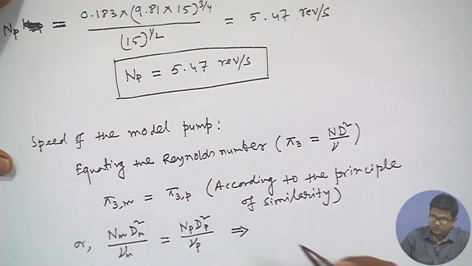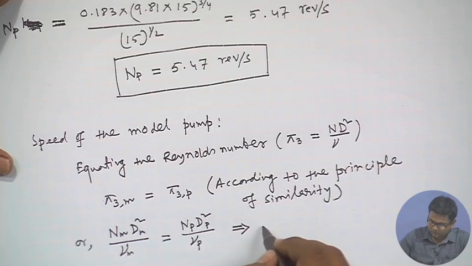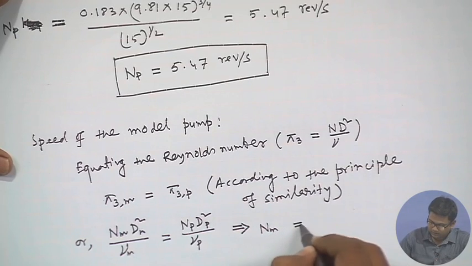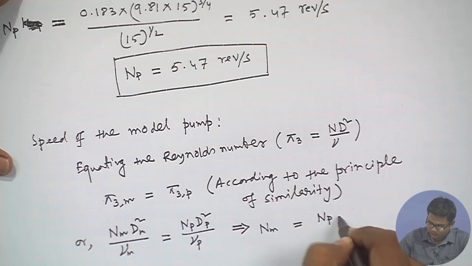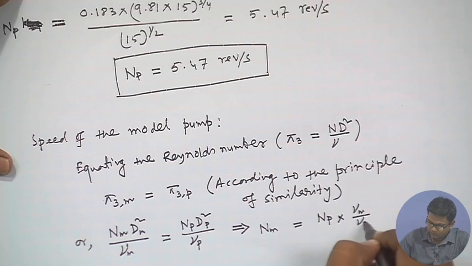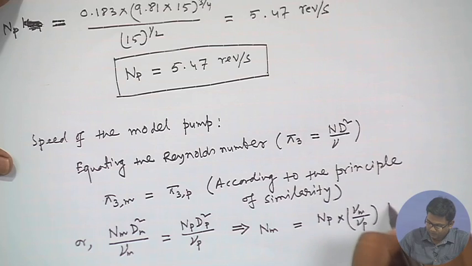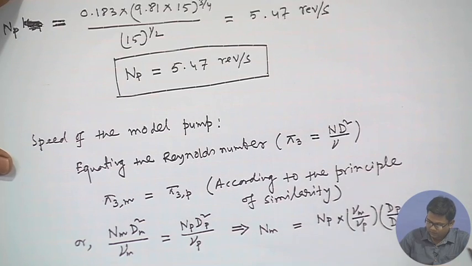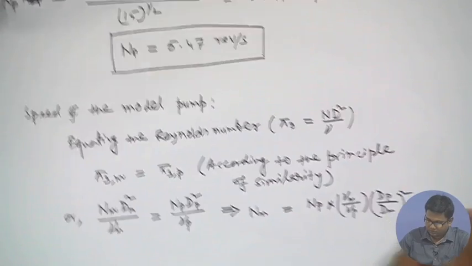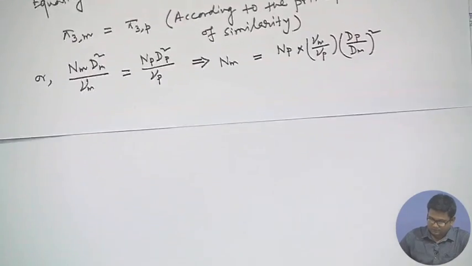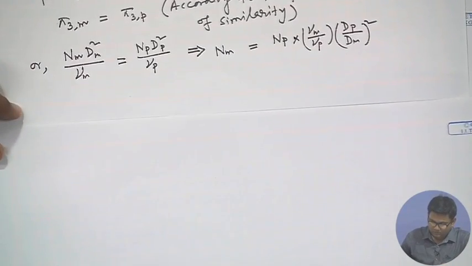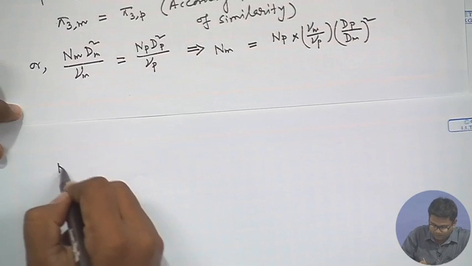So, using this we can obtain the speed of model as np times nu m by nu p times dp by dm square. Now, we substitute respective numerical values given to obtain nm.